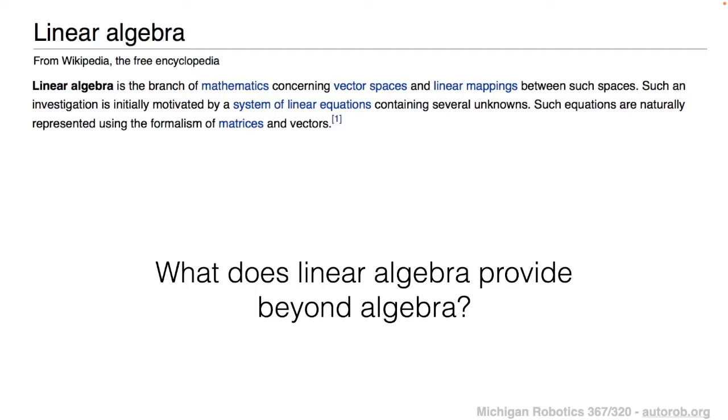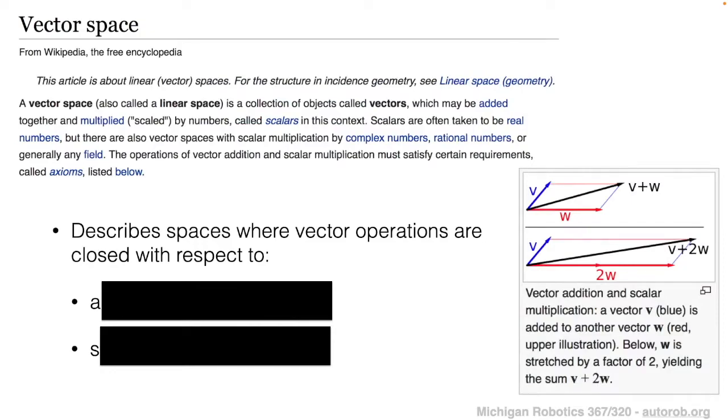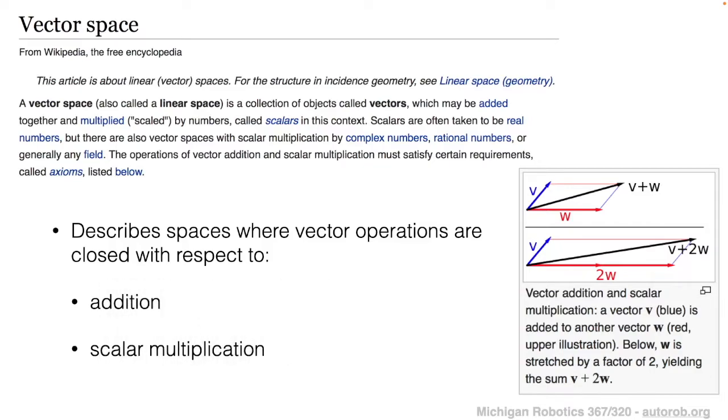And so when we say that linear algebra provides linear mappings over vector spaces, what we mean by a vector space is the following. You can think of a vector space as essentially a set of objects which are vectors, and defined over this set of vectors are operations that have to be closed under both addition and scalar multiplication.